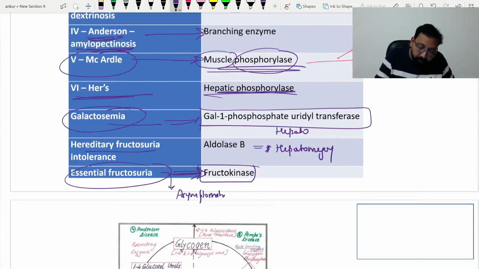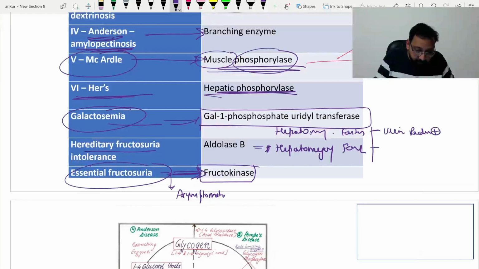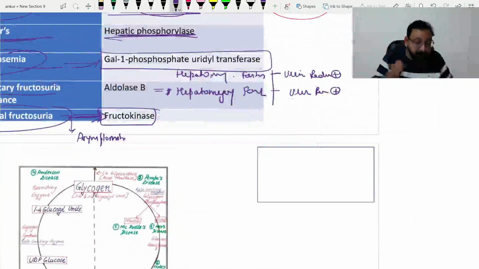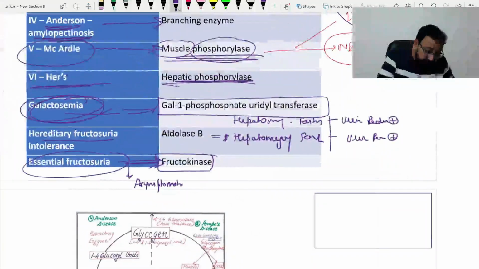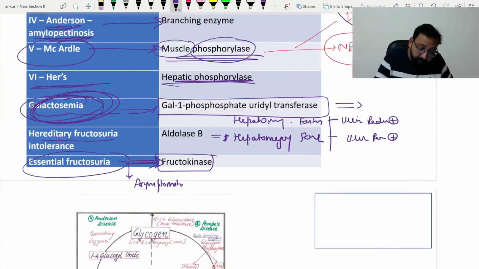In hereditary fructose intolerance, hepatomegaly, fasting hypoglycemia. So how will you differentiate? Urine reducing sugar is present in both. What is the difference? In history, the patient will present after breastfeeding, early in infancy.